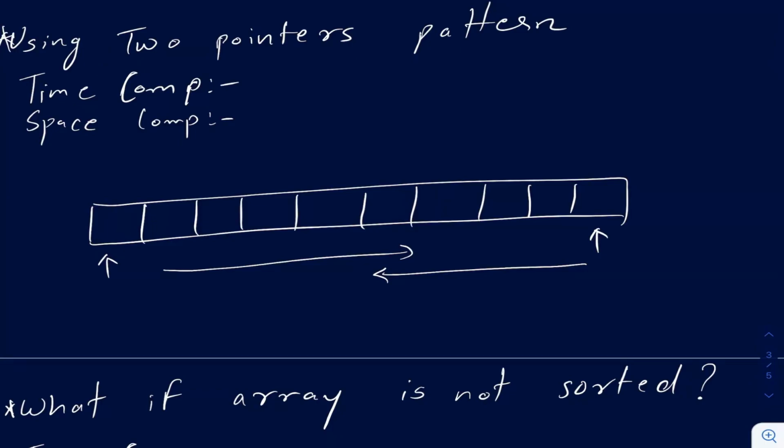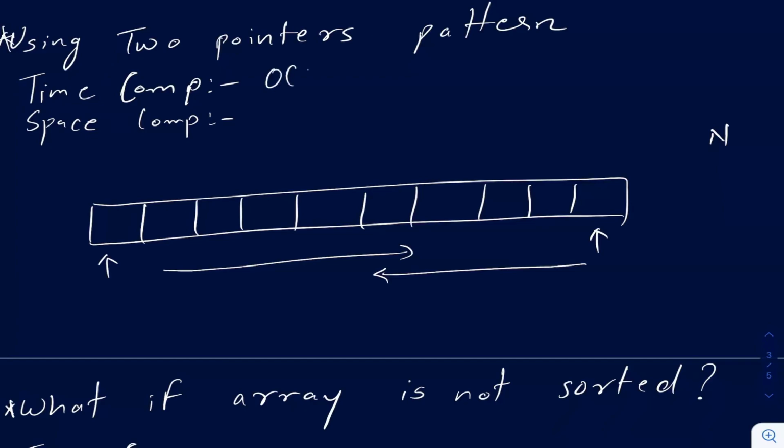So what would be the time complexity? If you see over here, the entire array, let's say of size n, is only visited, which means we are looping through this entire array only once. So if the size of my array is n, then I am doing only n computations. So what would be my time complexity?